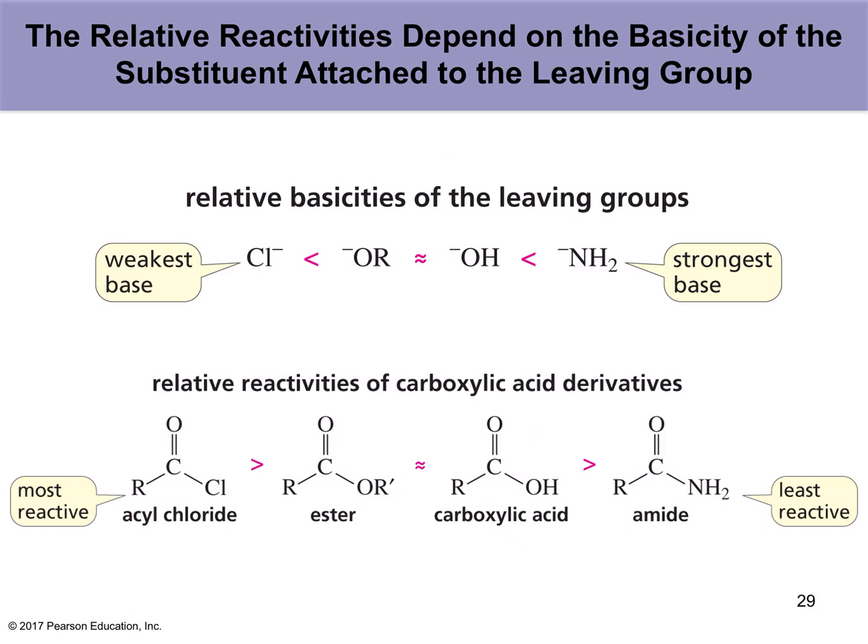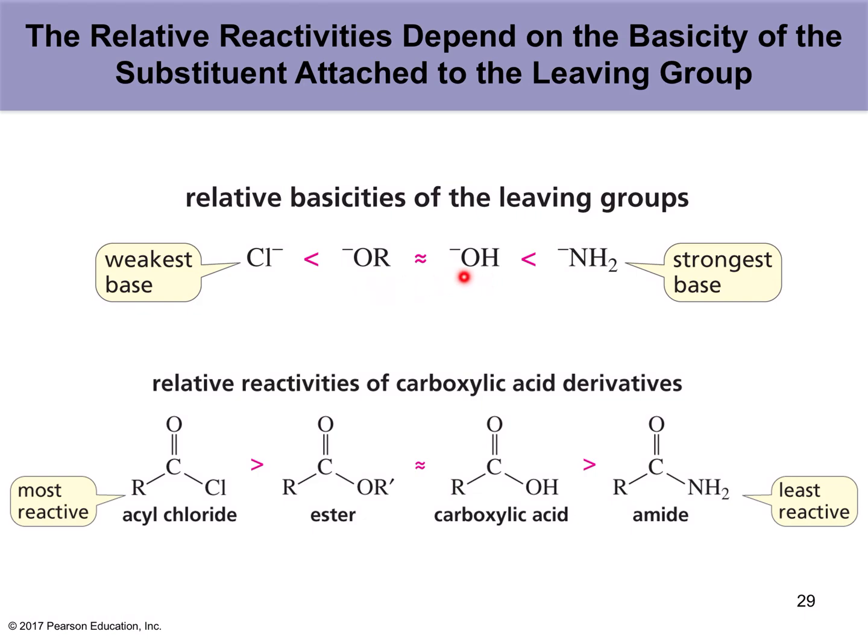So this is the relative reactivities depending on the basicity of the substituent attached to the carbonyl. The weakest base is chloride. Remember, the strongest acid has the weakest conjugate base. HCl is a strong acid with a pKa of -7. The next in basicity is the alkoxide ion, and alcohol is the conjugate acid, which has a pKa of about 15 to 17.